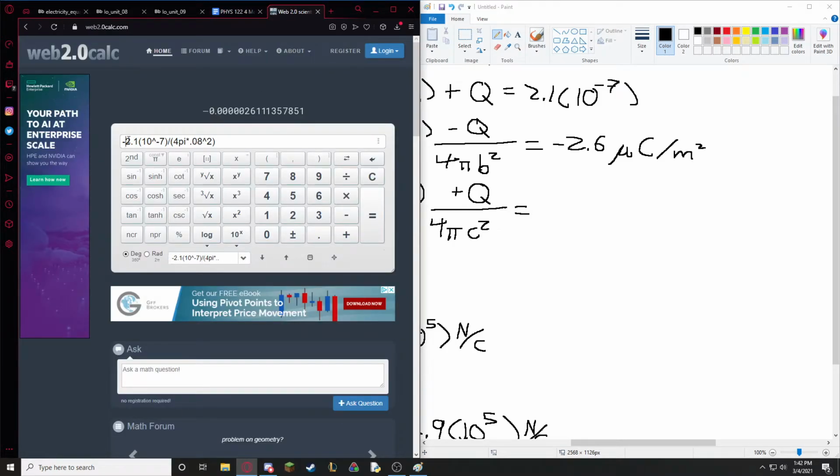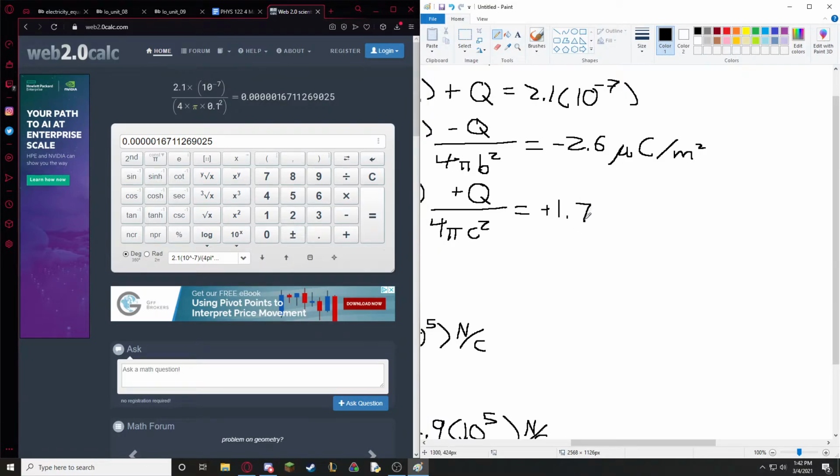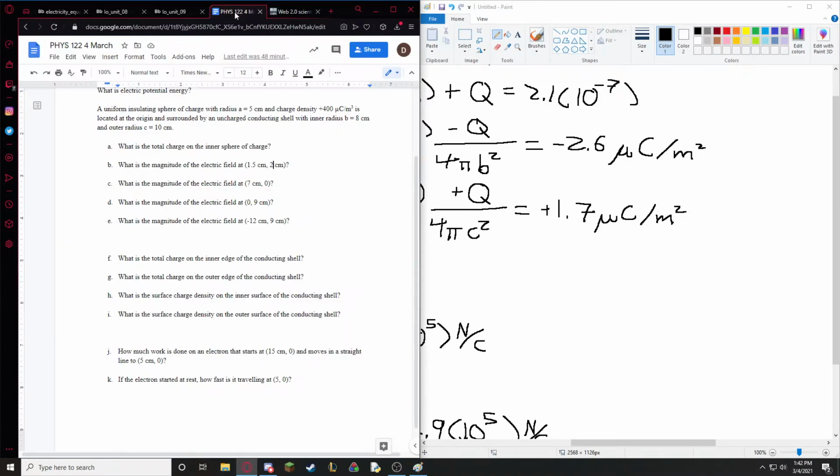So it's plus 2.1 divided by 4 pi times 0.1 squared, with a surface charge density of about plus 1.7 microcoulombs per meter squared. Yeah, surface charge density is the charge per unit area on the surface.